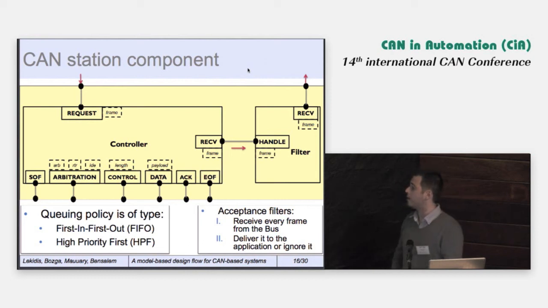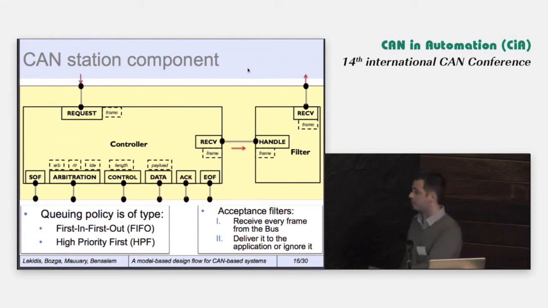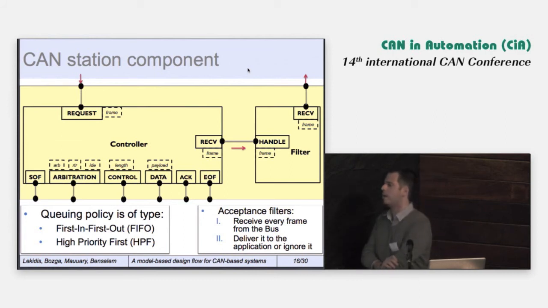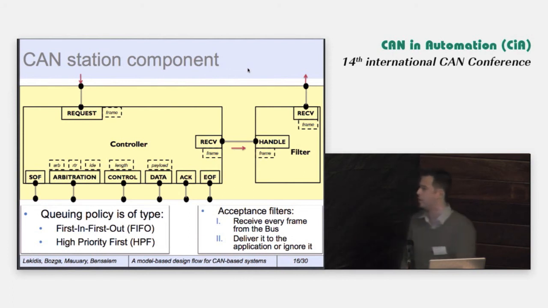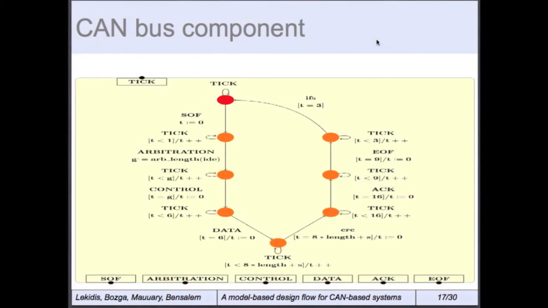When it receives a frame, it will interact with the filter, which implements the acceptance filtering mechanism, and it will accept the frame accordingly, or reject it. When it accepts, it will also send it to the application layer. So this is just an example.